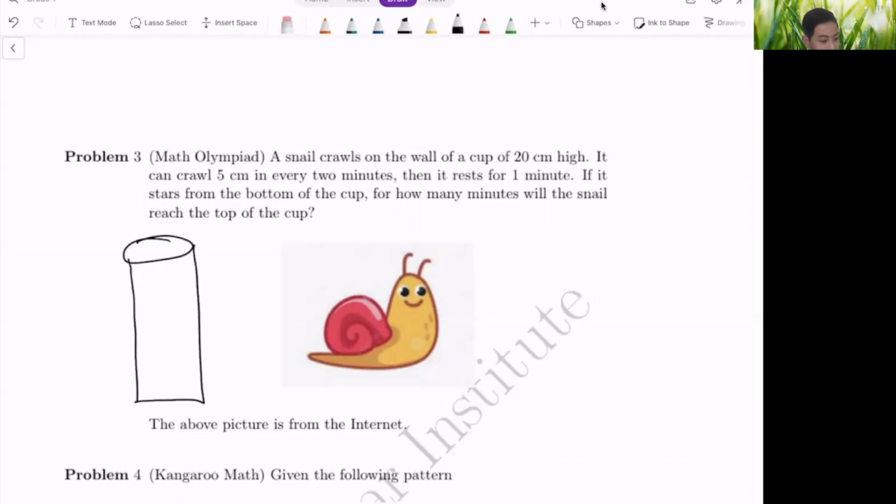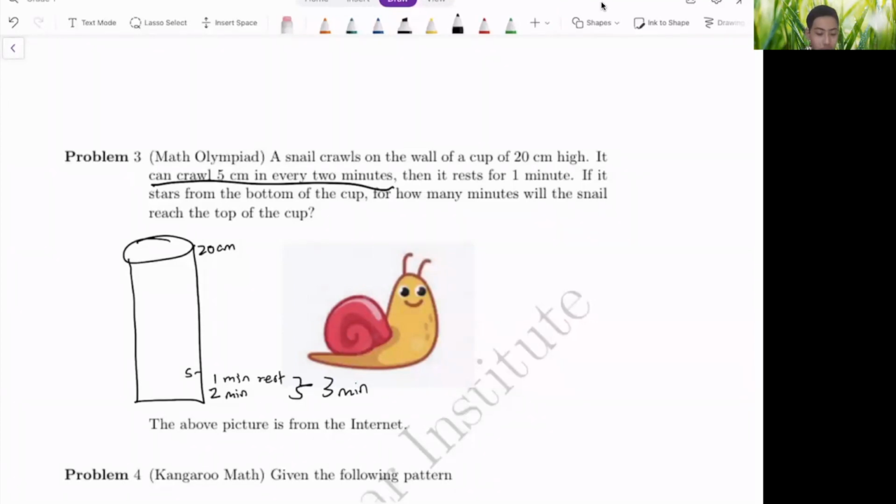And it's 20 centimeters high, so 20 centimeters. And it says it can crawl 5 centimeters in every 3 minutes. So let's draw 5 here first. So 2 minutes, and then a rest for 1 minute. So in total, if he wants to climb 5 centimeters, then it just takes him 3 minutes, since it takes him 2 minutes to climb and 1 minute to rest.